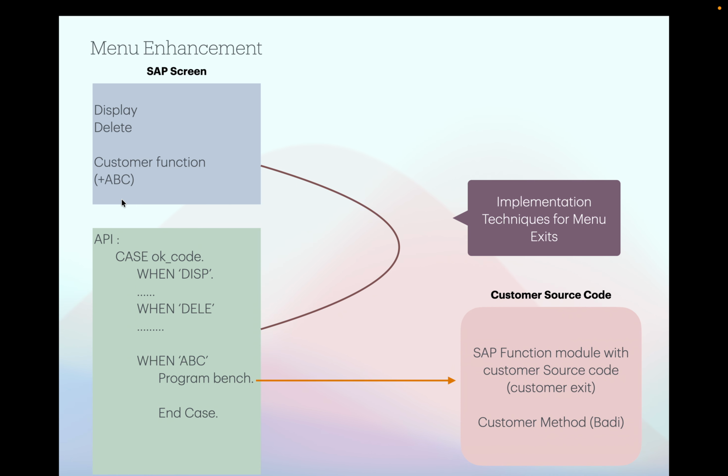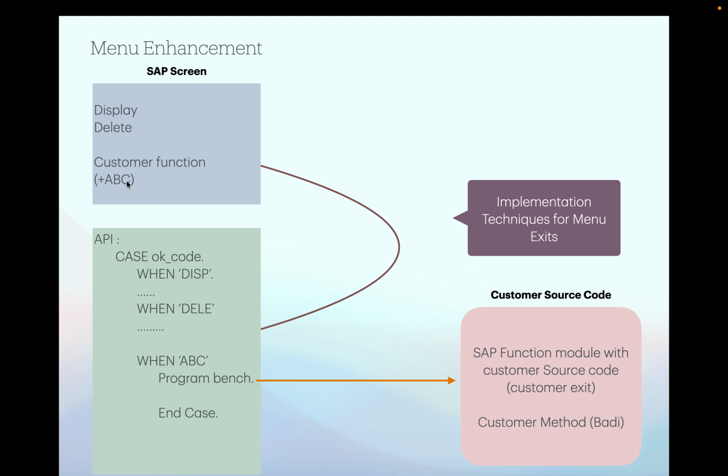The menu enhancement is always provided along with the program enhancement, which you can use to implement the logic to be executed when the menu option is chosen. This is the menu available in the GUI status.